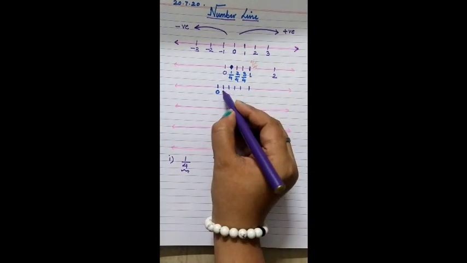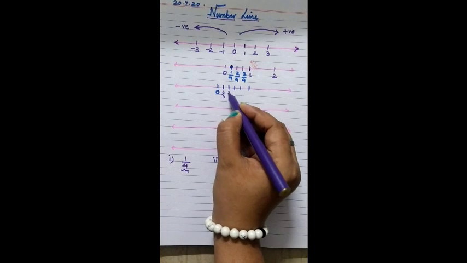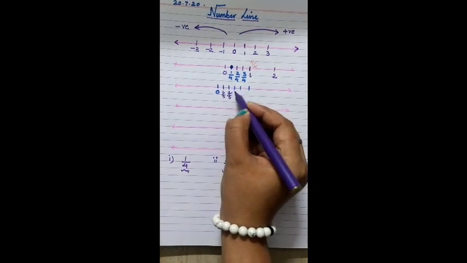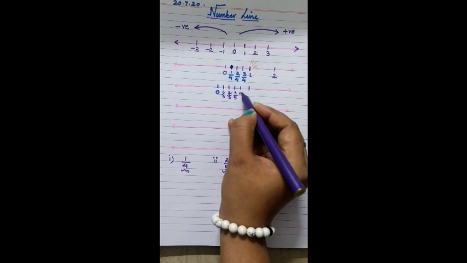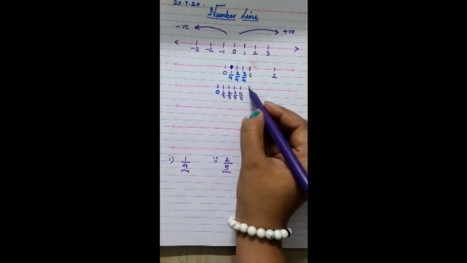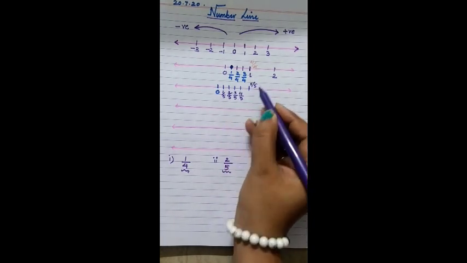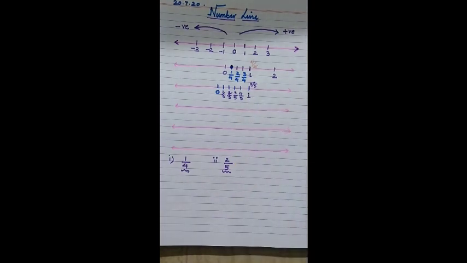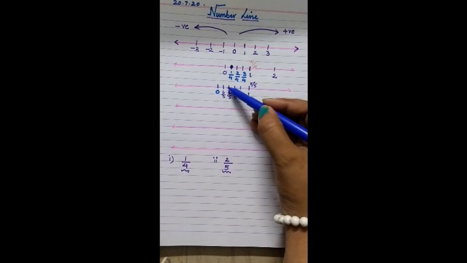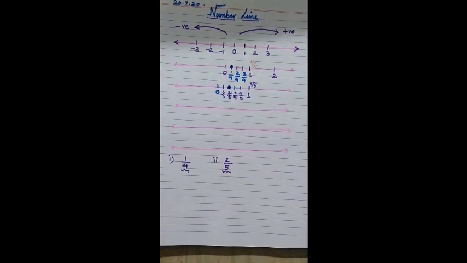Now this is 1 upon 5, 2 upon 5, 3 upon 5, 4 upon 5, and children, 5 upon 5 will give me 1, right? So 2 upon 5 lies between 0 and 1, and this is the second interval given. So remember, children, check the base or the denominator and divide it into that many equal parts.